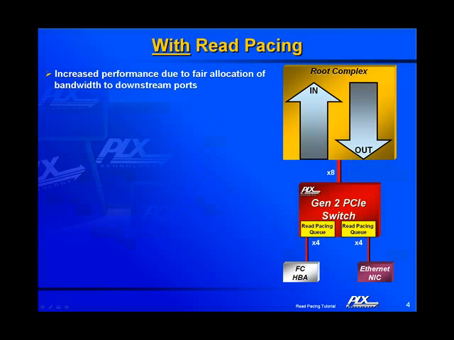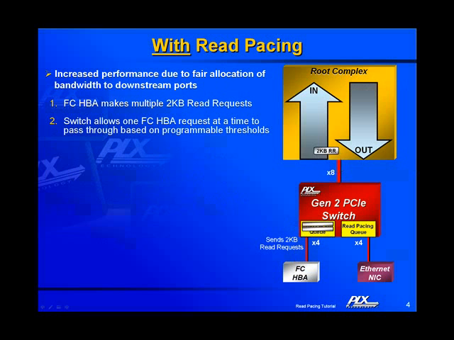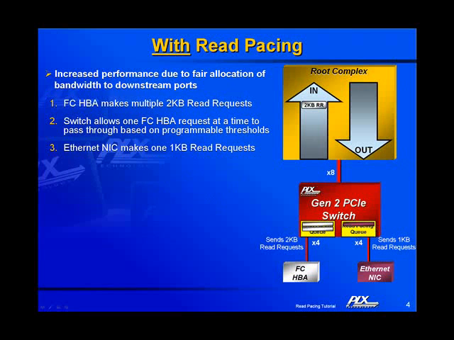Now let's see how read pacing increases system performance based on a fair allocation of bandwidth to the downstream ports. With read pacing enabled, even though the fiber channel host bus adapter makes multiple 2K read requests, the switch only allows one of those requests at a time to pass through the switch.